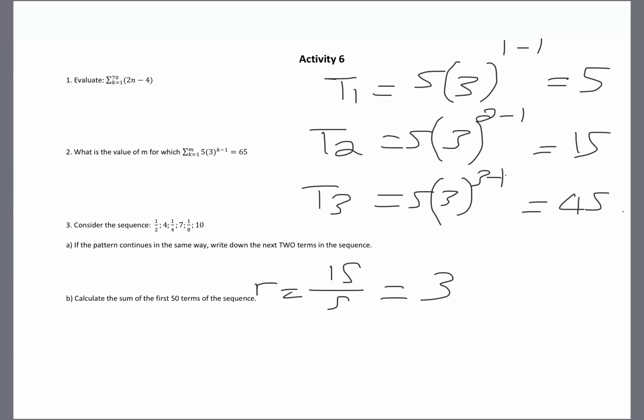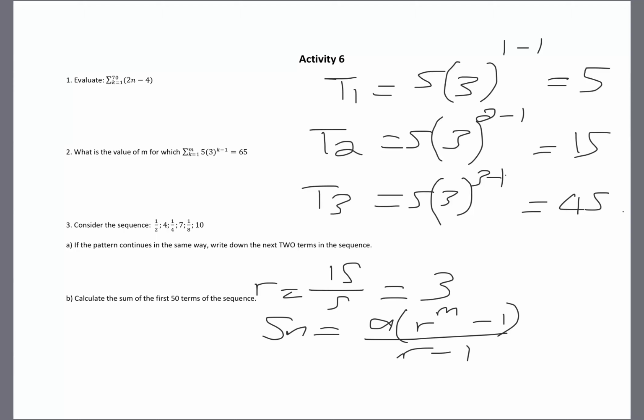So now I take it back to my Sn is equal to A(R^n minus 1) over R minus 1, right? So now in this case, we are looking for my M. They used M instead of N. Do you see that? Yes, ma'am. So I'm going to say R^m here. So now my Sn is 65.